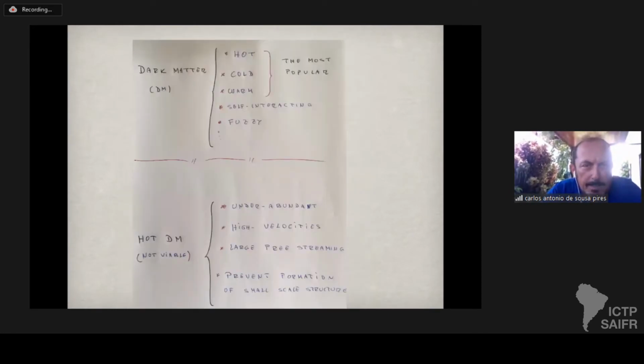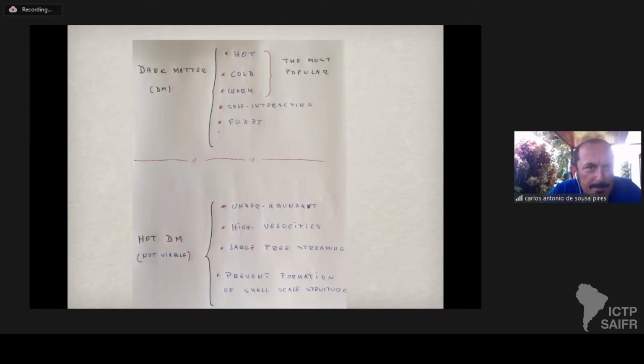You know that the canonical kinds of dark matter that may exist in the universe are hot, cold, and warm. But today you have a lot of new kinds of dark matter, for example self-interacting, fuzzy, black hole, and a lot of other possibilities.